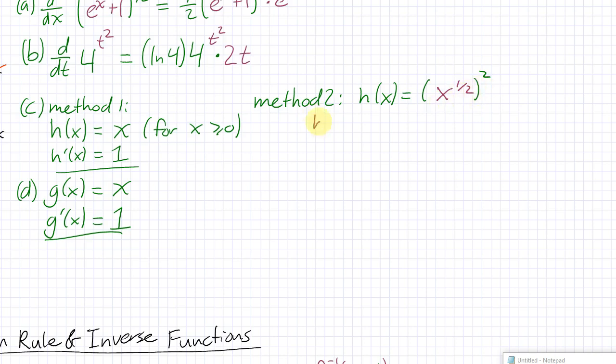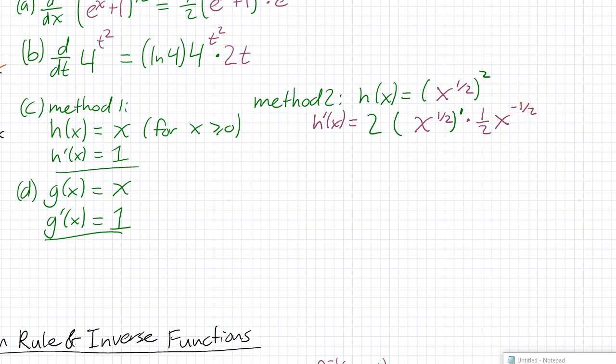So h prime of x is going to be this 2 times its input to the power 1. That's the derivative of the outer function with the original x to the power 1/2 plugged in. And then we need to multiply that by the derivative of x to the 1/2, which is 1/2 times x to the 1/2 minus 1, which is negative 1/2.